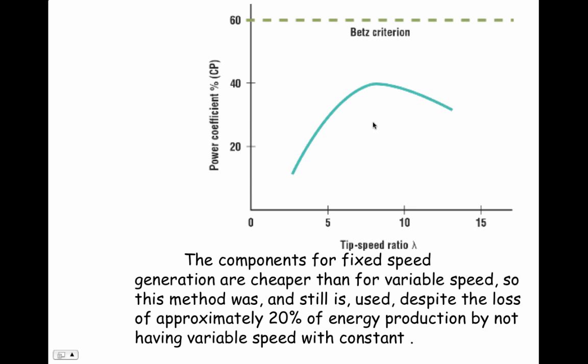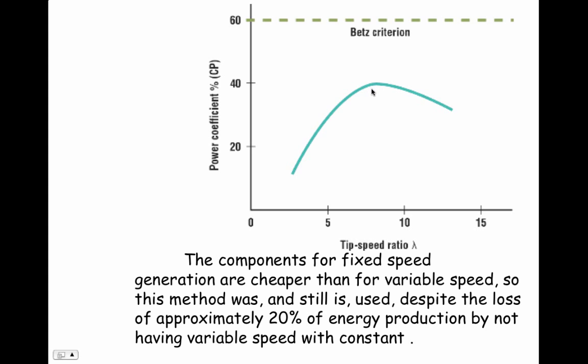In other words, if the optimal tip speed ratio here is around 7 or 8, and we've got this coefficient of performance of 40, well, if the wind speed doubles, then the tip speed ratio is going to go down here somewhere, unless the rotational speed and the velocity of the tips also go up, and then it could stay in this same spot.